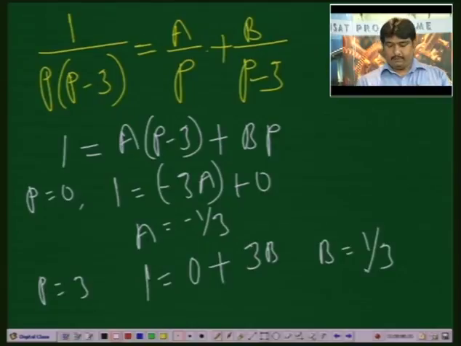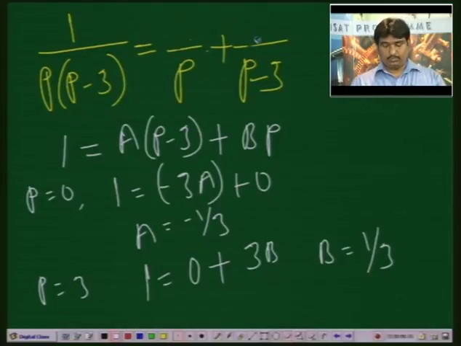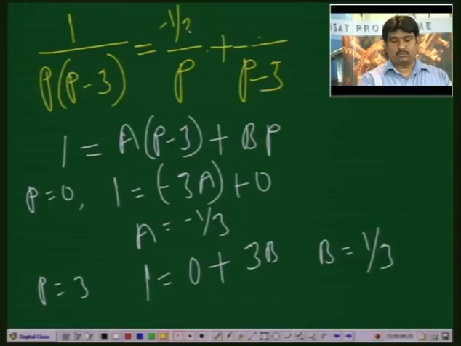So basically what we have, in place of a we have minus 1 by 3, and in place of b we have plus 1 by 3.